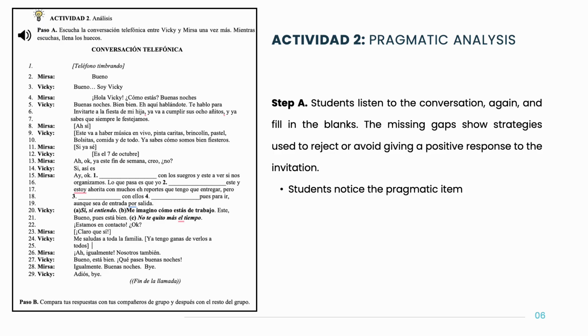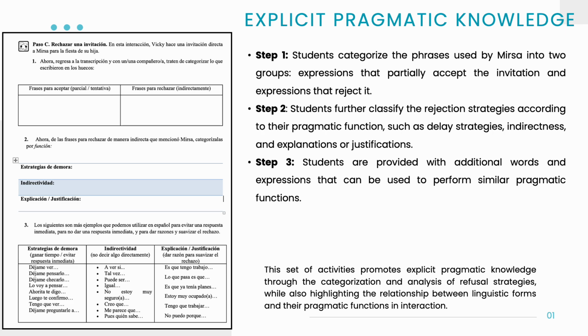This is important for students to notice the pragmatical item that we are about to study. Okay, so in these 3 activities, students analyze the phrases that one of the interlocutors uses to reject or not give a concrete answer to the invitation.